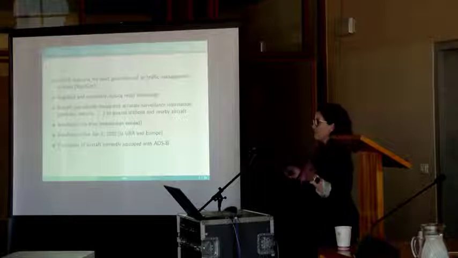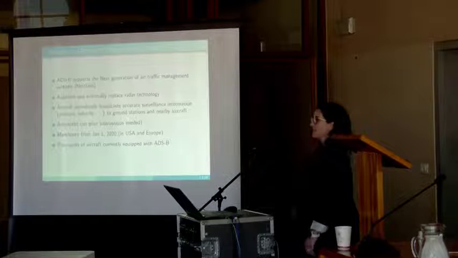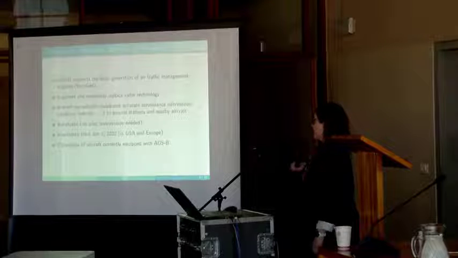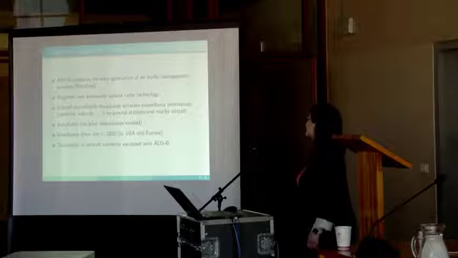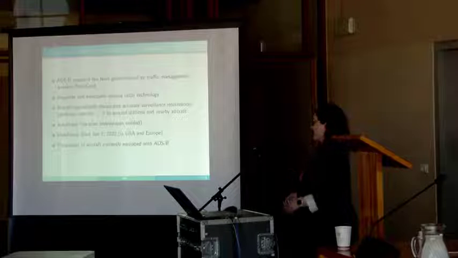To give you a background on this, ADS-B, or automatic dependent surveillance broadcast, is a technology that will support the next generation of avionics software and of traffic management systems, and it will augment and eventually replace radar.